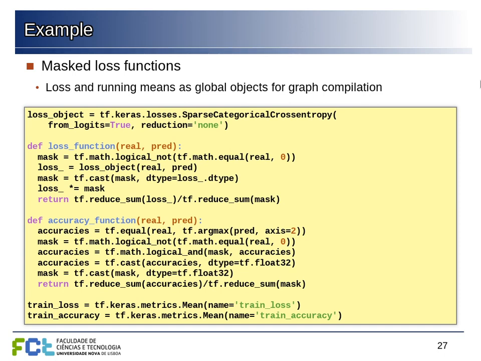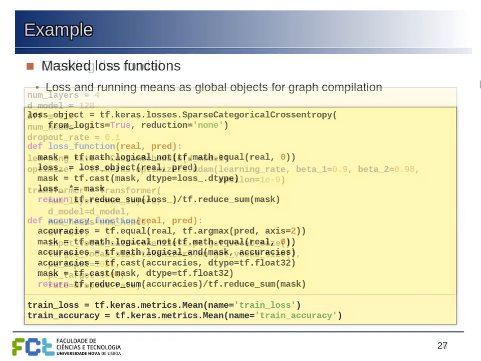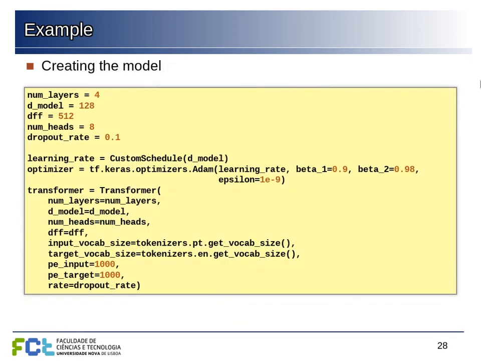Basically, it's a running average of the loss and accuracy values that you get in training and validation. So this is for the loss, this is for the accuracy, and these would be just these metrics for following the values of the loss and accuracy during training. So we create this scheduler for the optimizer. We use as learning rate the scheduler that we created.